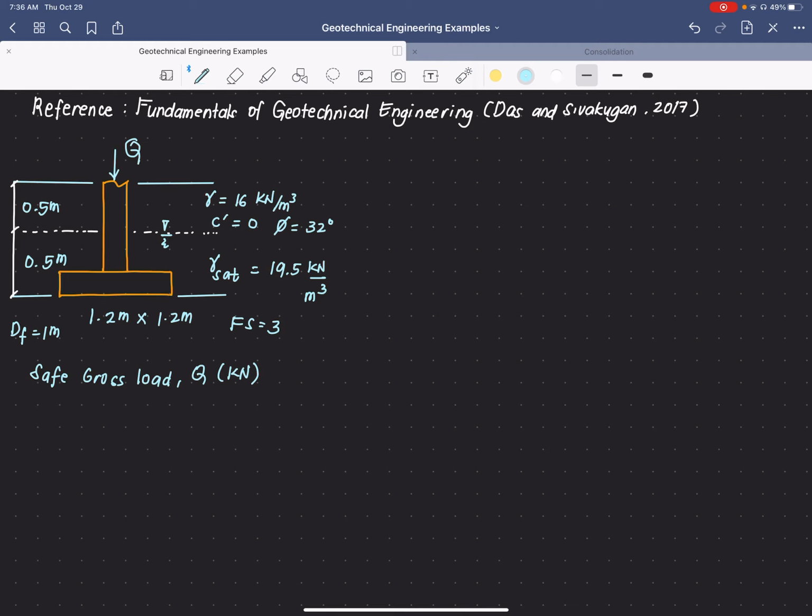And in this problem also, the loading is just vertical and our inclination factor would be just equal to 1.